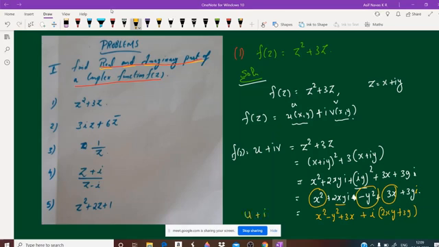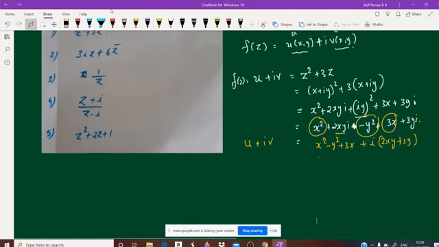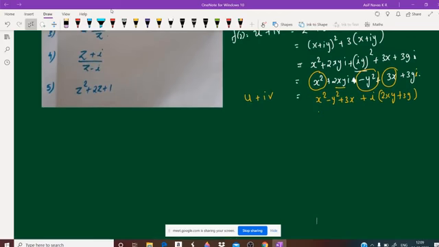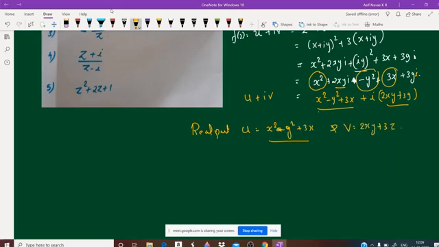Therefore, u plus iv is equal to x square minus y square plus 3x and 2xy plus 3y. Now, what is the real part? The real part is u equal to x square minus y square plus 3x, and the imaginary part is v equal to 2xy plus 3y. So we get the real and imaginary part of a function.